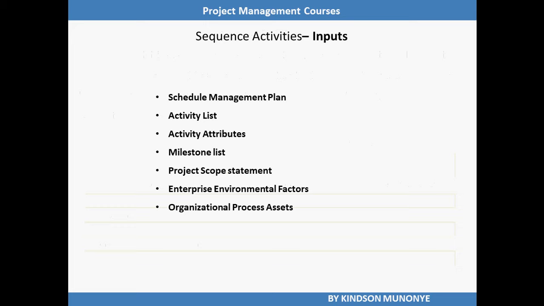Activity list. The activity list contains all scheduled activities required on the project, which are to be sequenced. Dependencies and other constraints for these activities can influence the sequencing of the activities.